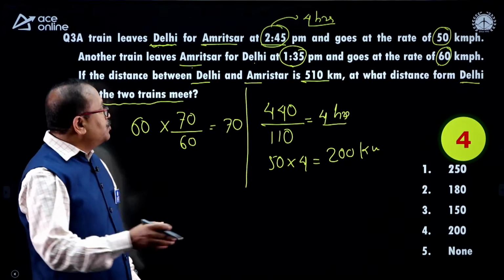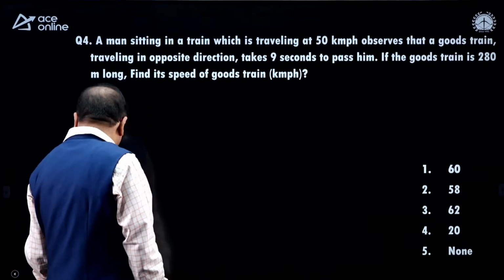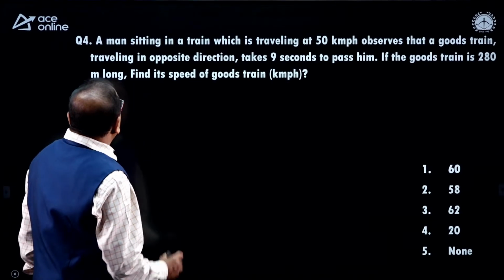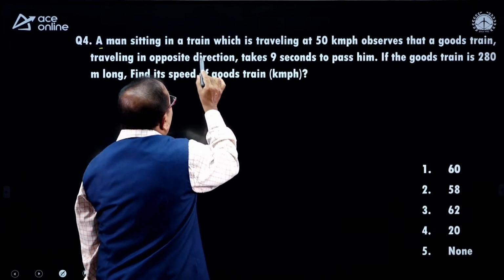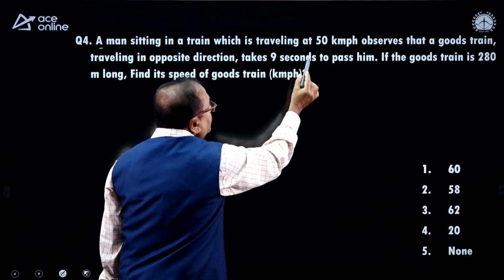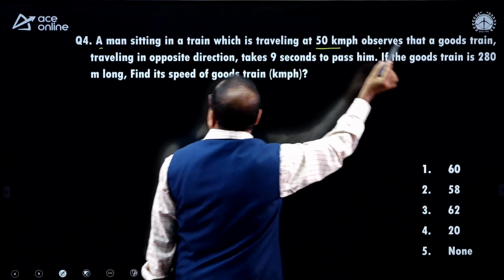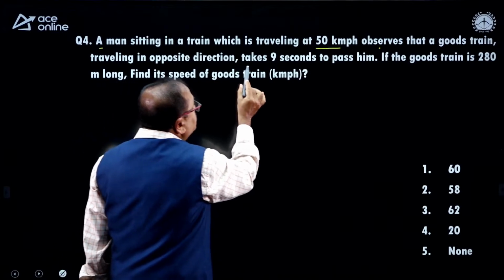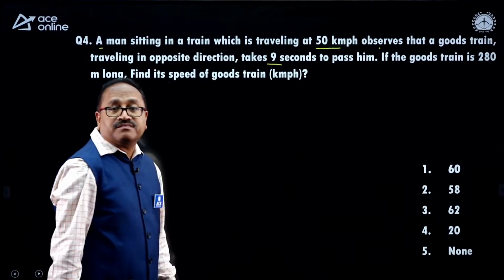The next question on the board is this. Look at this one. What is this question? A man sitting in a train which is traveling at 50 kilometers per hour observes that a goods train traveling in the opposite direction takes 9 seconds to pass the man.